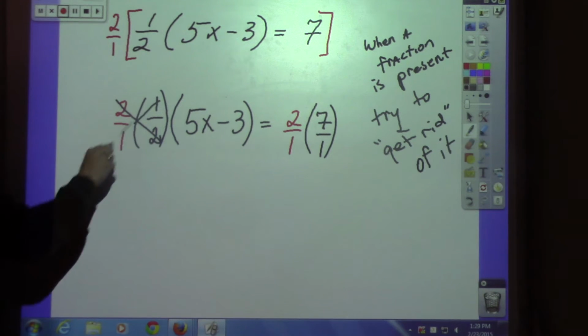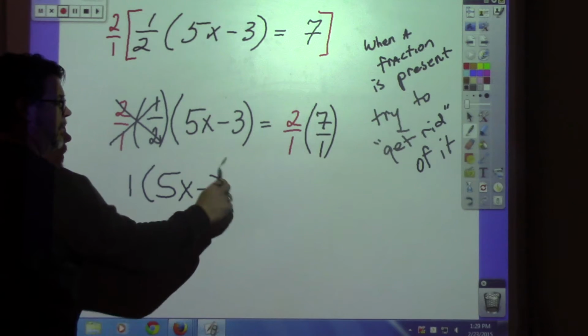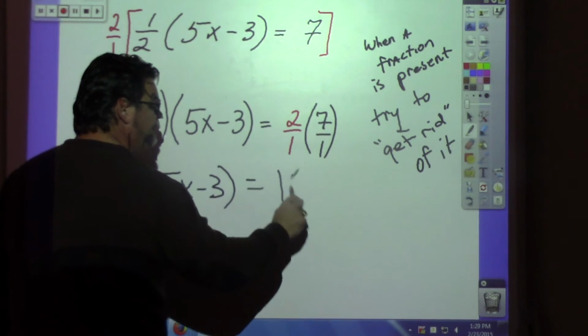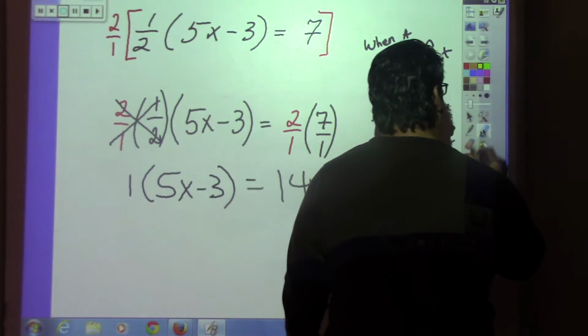Cancel. That gives you a 1 equals what? 14. Now, at this point, the 1 in front of the parentheses, you don't need to worry about that, because 1 is what we call the multiplicative identity. Impress your friends.